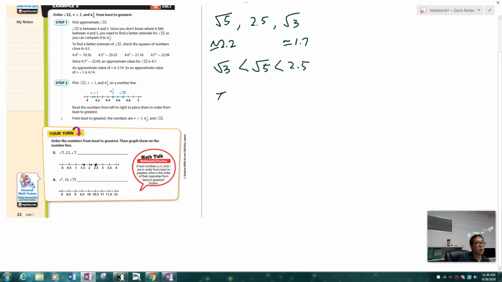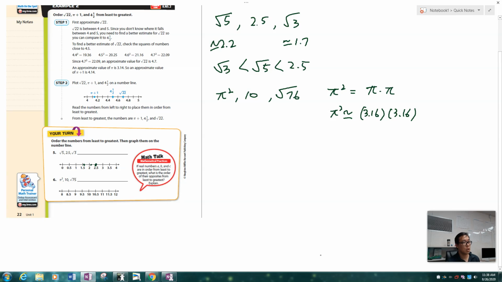Next, we have pi squared, comma 10, comma square root of 75. So pi squared, we could do this. Pi squared means pi times pi. Pi is approximately equal to 3.16 and 3.16.